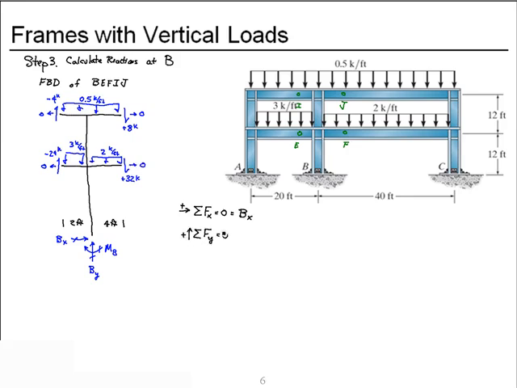Sum forces in the y. We have reaction By. Then we have at E a minus 24 kips. At I a minus 4 kips. And then we have the 3 kips per foot distributed load over the 2 feet. The 0.5 kips per foot over the 6 feet.